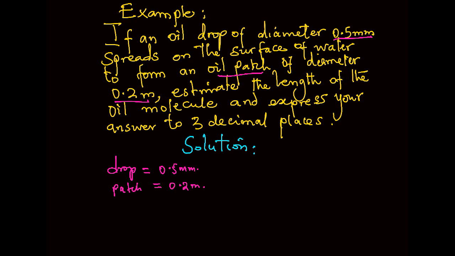In making calculations, we must ensure that the two lengths are in the same units. So we can decide to convert the diameter of the patch into millimeters, whereby we are going to multiply 0.2 by 1000 to convert it in millimeters. So when we multiply by 1000, we get 200 millimeters as the diameter of the patch.